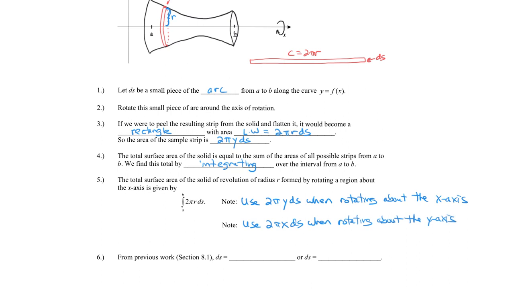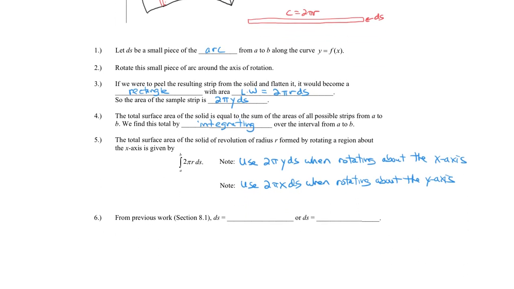Okay, and then from previous work in section 8.1, we know what ds is, right? We have a formula for ds. So ds is the square root of 1 plus (dy/dx) squared dx. Or the other version for ds is the square root of 1 plus (dx/dy) squared dy.